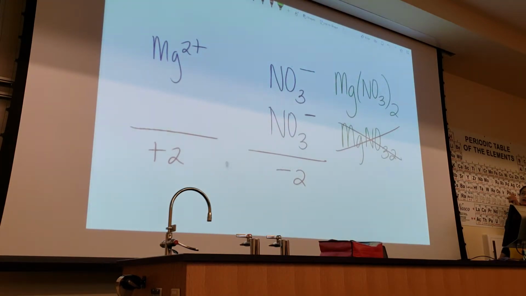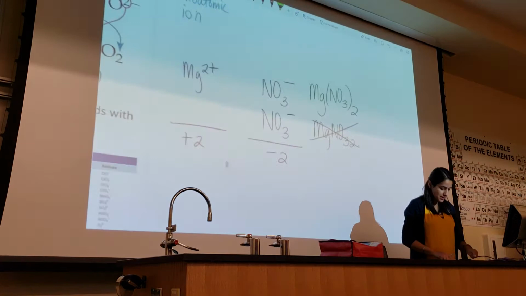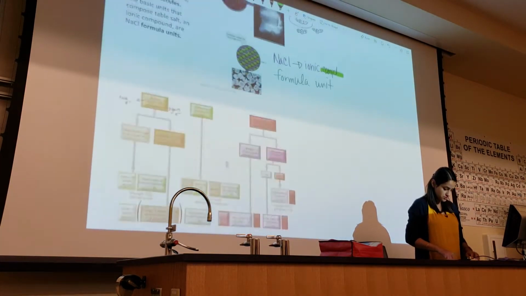Now, all the metals that I've showed you so far are the ones that always form one type of charge. What do I mean by that? Let me show you here.